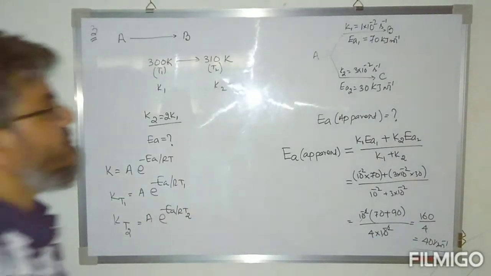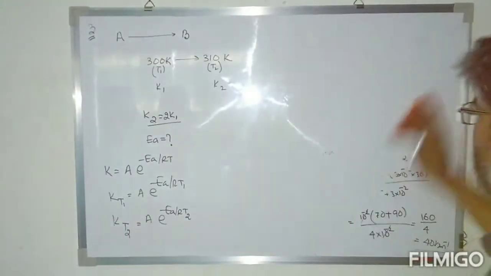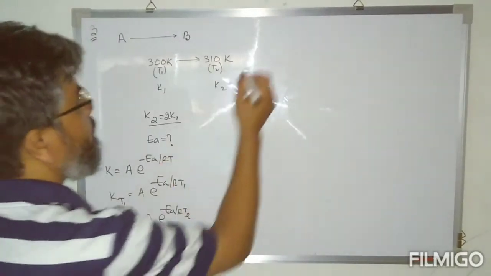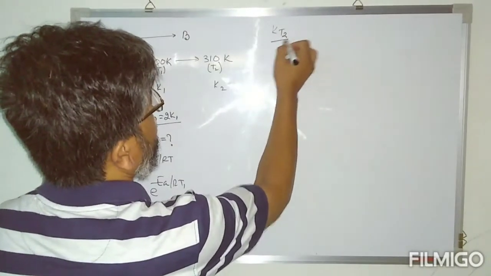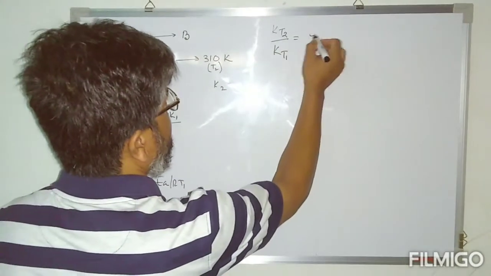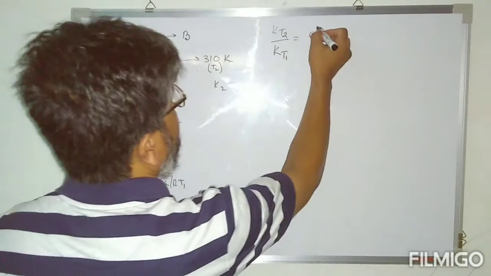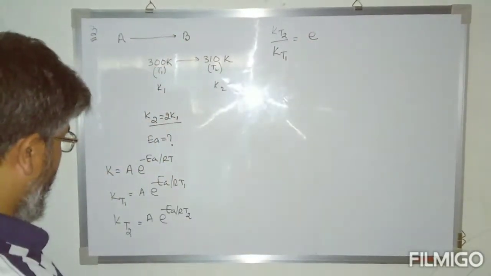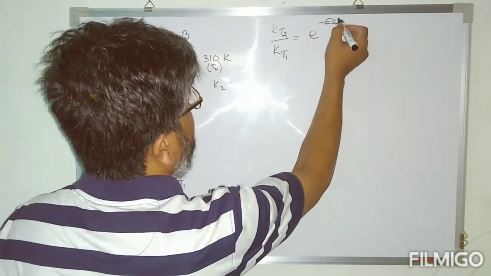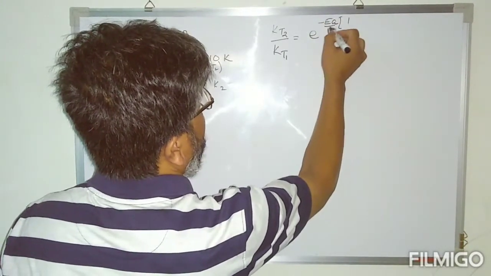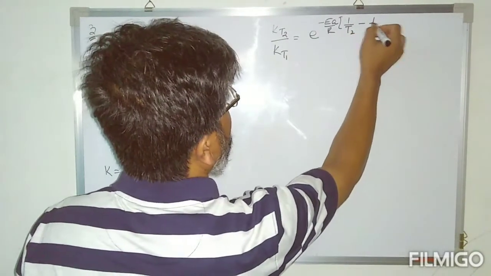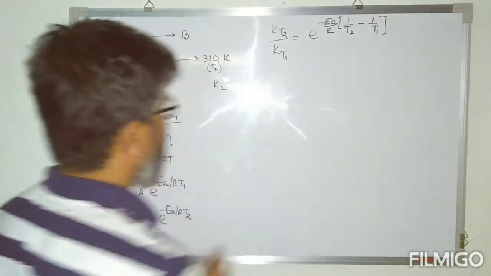Now taking the ratio of these two, we have KT2 by KT1 is equal to exponential minus EA by R, 1 by T2 minus 1 by T1.